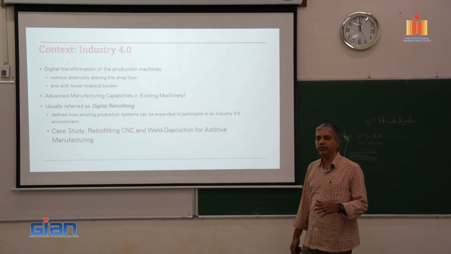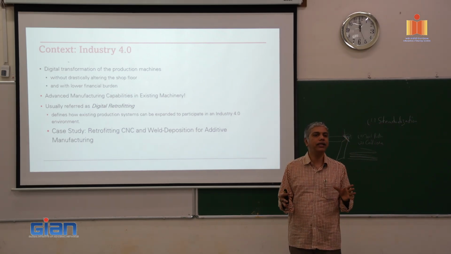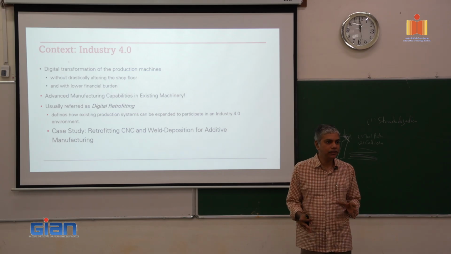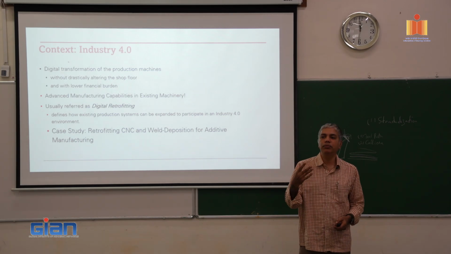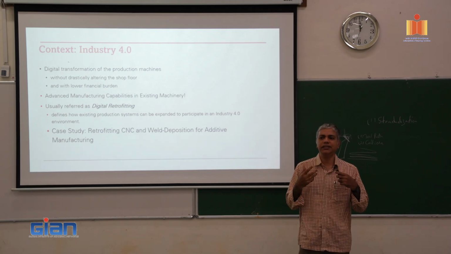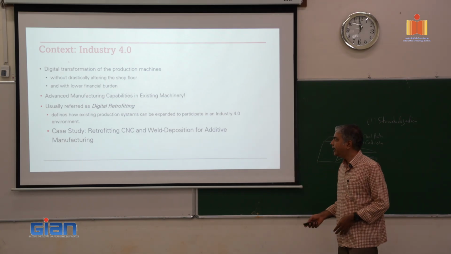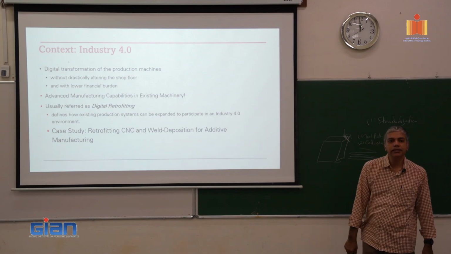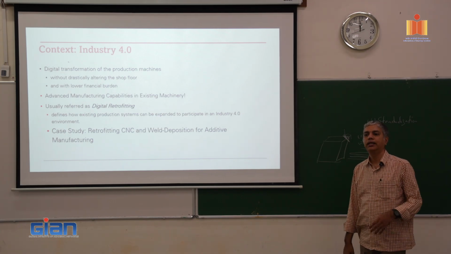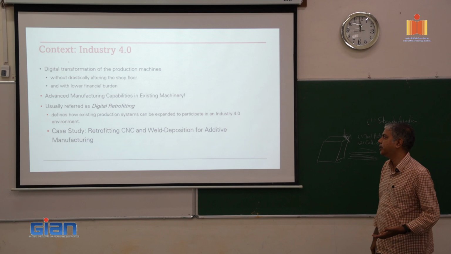The latter is preferred, because there is a significant capital cost involved with the machines and you don't want to completely remove them and put in new ones. It takes significant effort, whereas if you can increase the capabilities of the existing machines, it becomes much more advantageous.